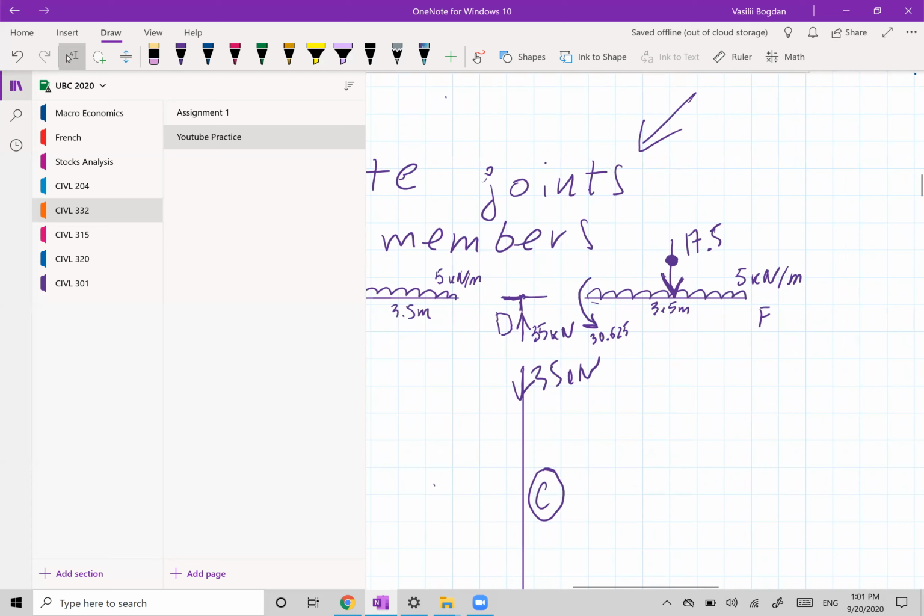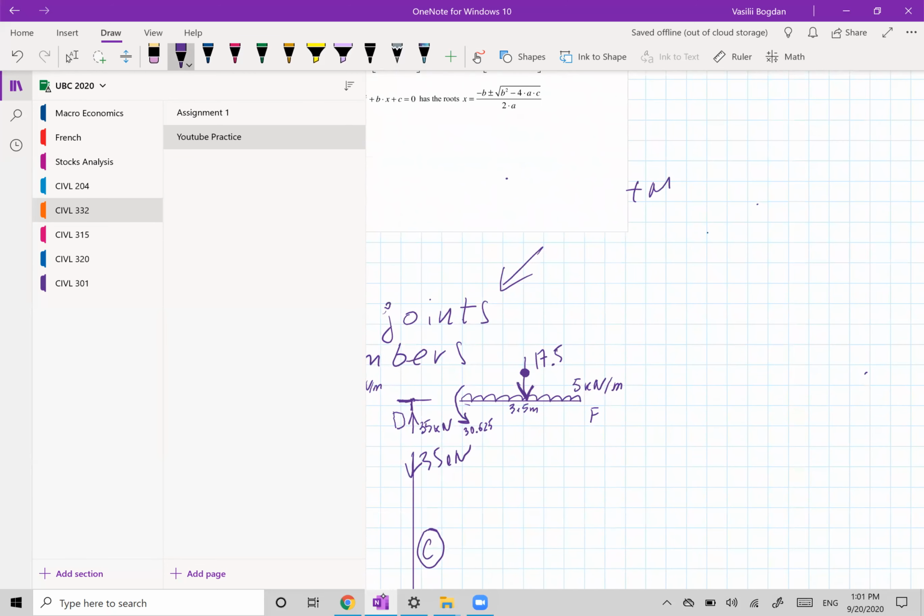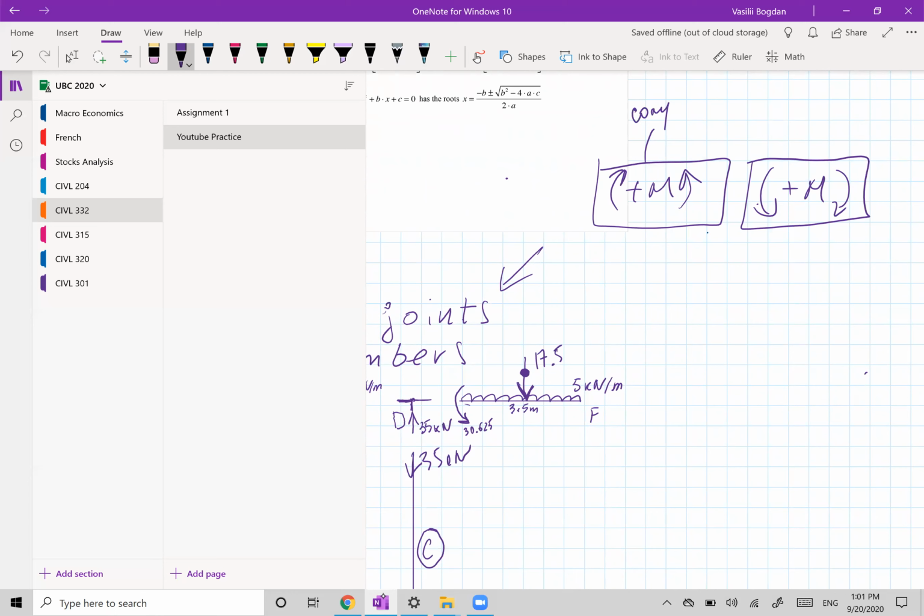What is next? Oh yeah, next is convention. Remember, some schools tell you that you have to do it like this, positive moment. Some schools tell you to do it like this. Essentially, here they're saying you have to plot your moment diagram on the compression side.